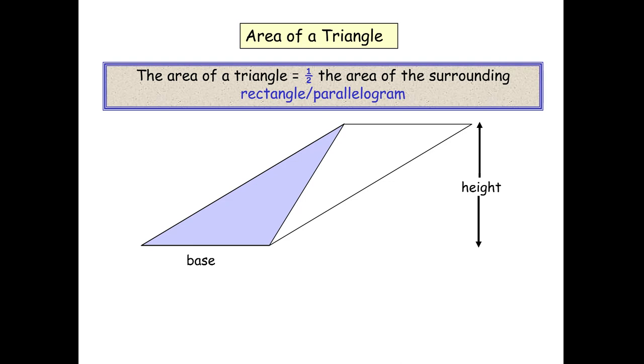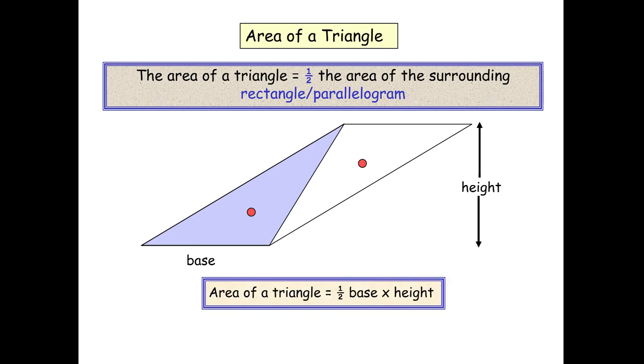But my triangle's diagonal line cuts from corner to corner, so those two triangles are equal. If we've got two of the same triangle in a parallelogram, their areas are going to be equal. Each triangle is going to be half of the parallelogram. So the area of the triangle is half of the base times the perpendicular height.